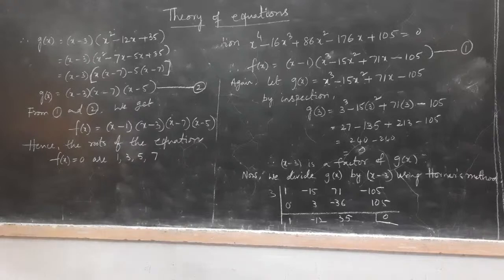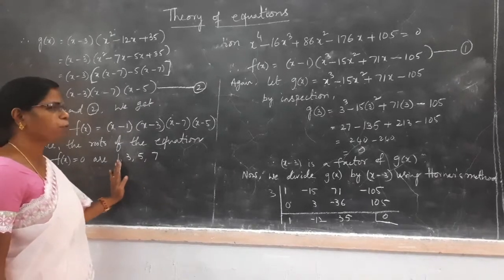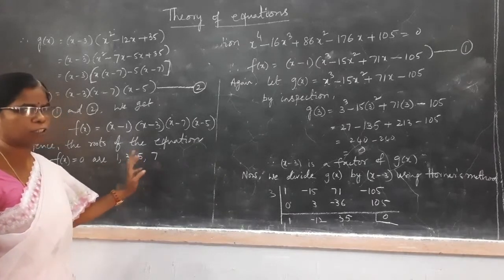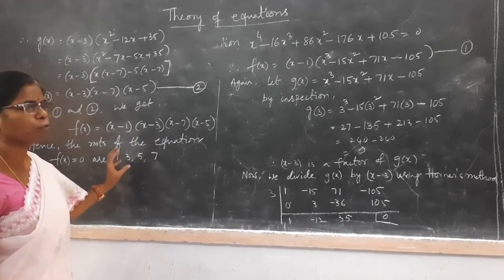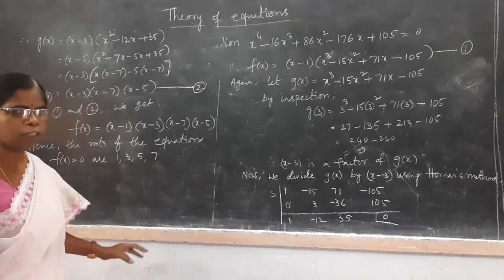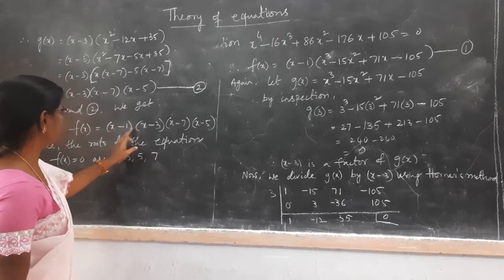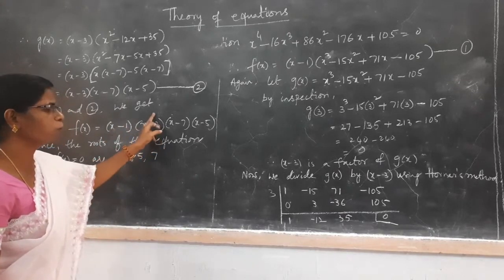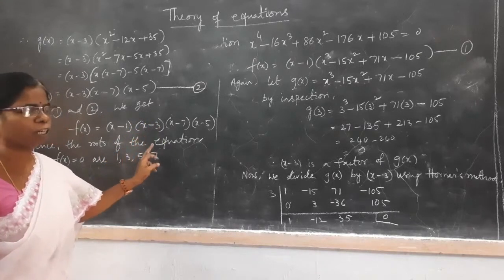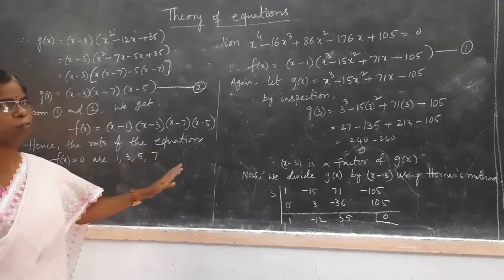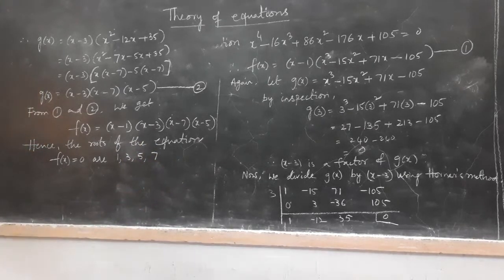Of course, sometimes the roots may repeat, that means 3, 3, 3, 5, 7 like that. Then that root is called a repeated root or multiple root. Suppose x minus 1 appears here and also here, then this will become x minus 1 whole square, and the root 1 is called a multiple root or a repeated root. So follow the problem.